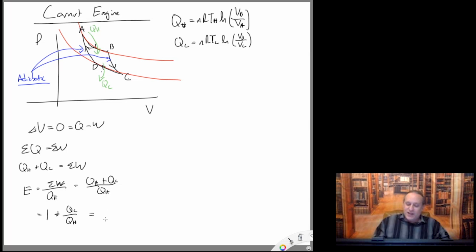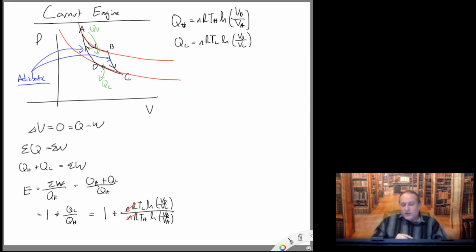So the efficiency then is 1 plus nRTC natural log of VD over VC divided by nRTH natural log of VB over VA. The n and the R just cancel out.